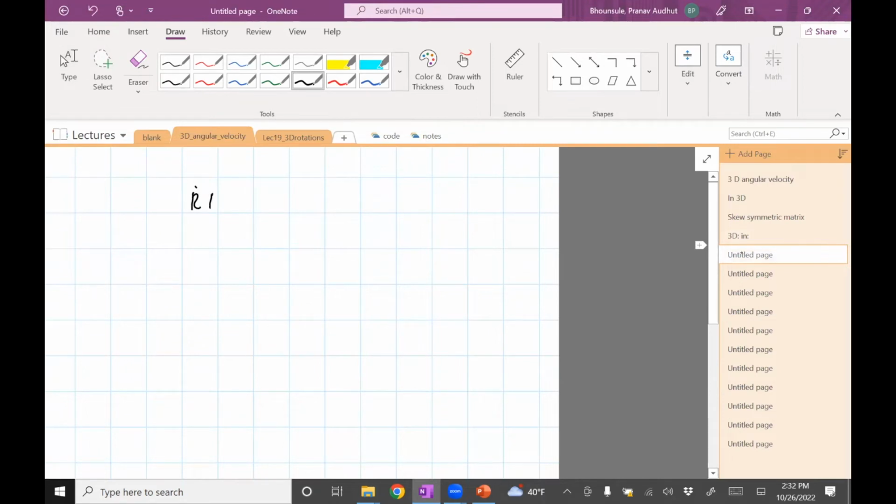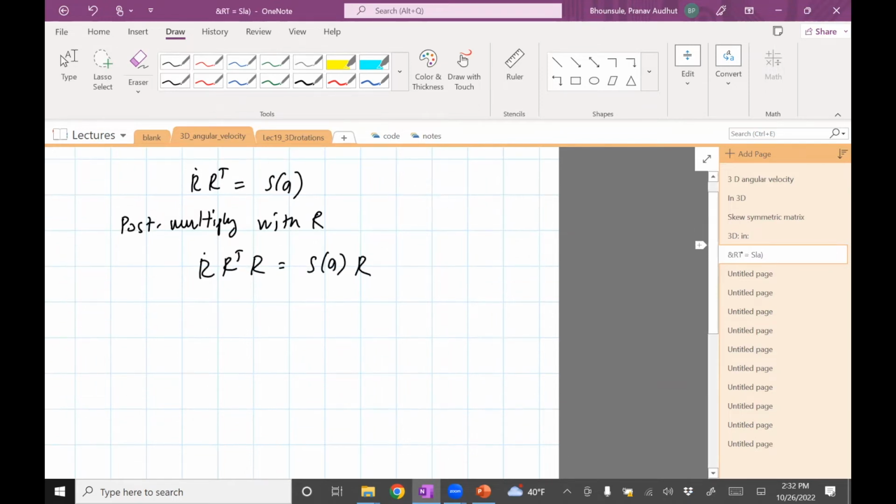I wrote R dot R transpose is S of A. If I post-multiply with R, then I have R dot R transpose R equals S of A times R. And we know that R transpose R is identity, so R dot equals S of A times R. This tells you that the rate of change of the rotation matrix is that skew-symmetric matrix times R, where we still have to interpret what A is. We don't know what A is yet.